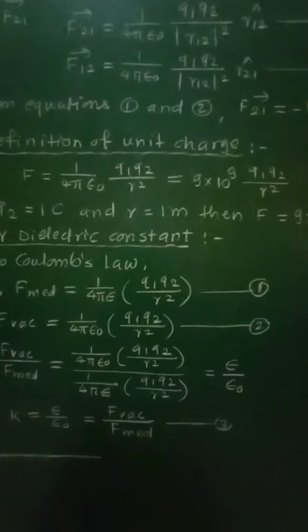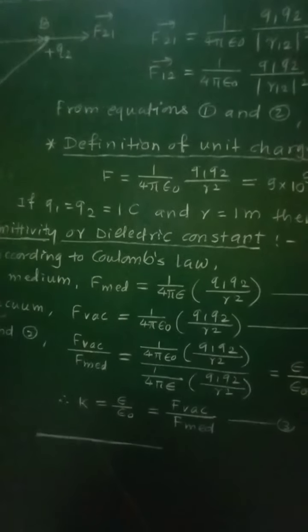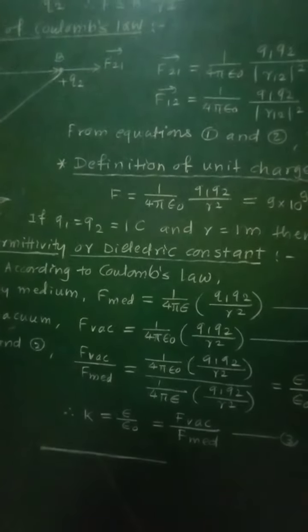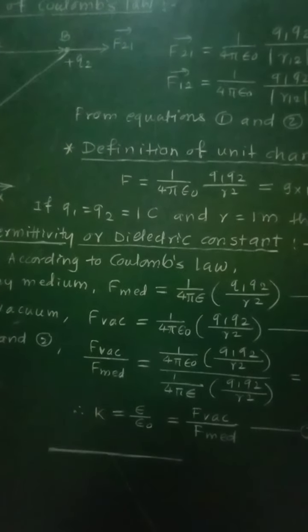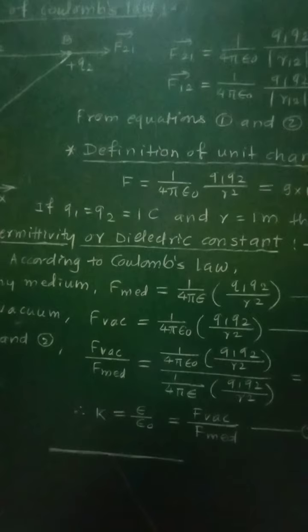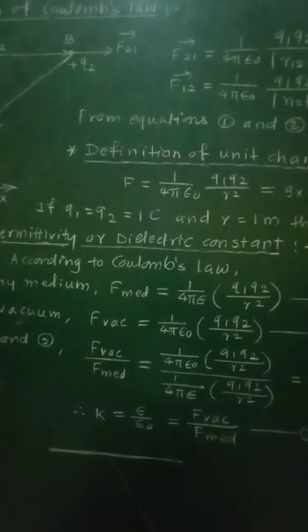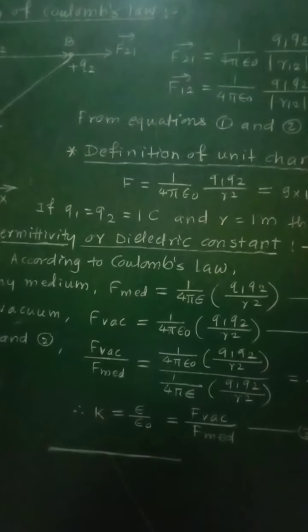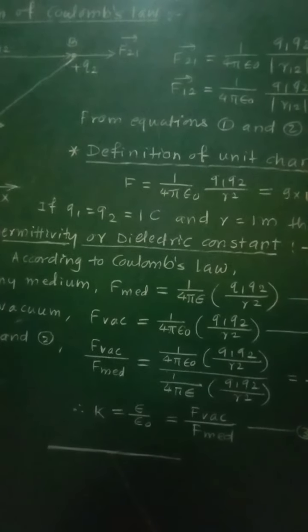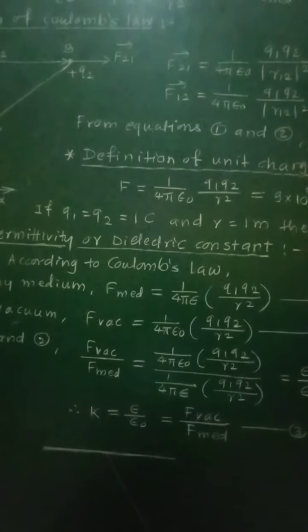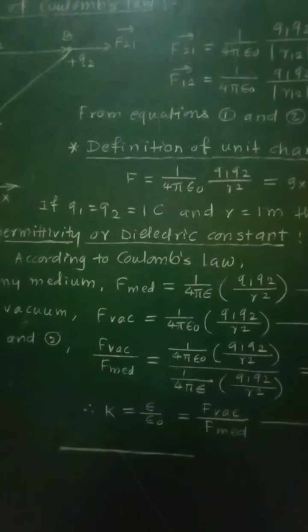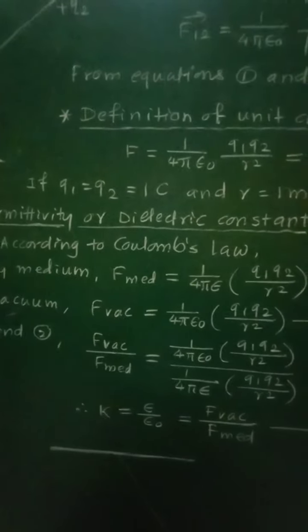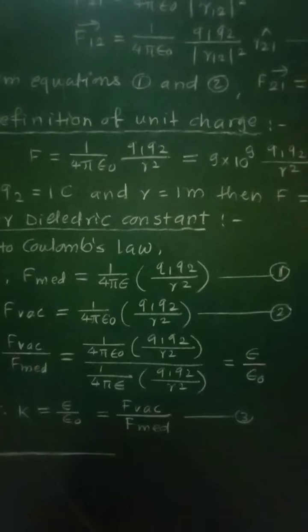By using this condition, we can define a charge of 1 coulomb: 1 coulomb is the amount of charge which, placed at a distance of 1 meter from another charge of the same magnitude in vacuum, experiences a force of 9 into 10 raised to 9 Newton.